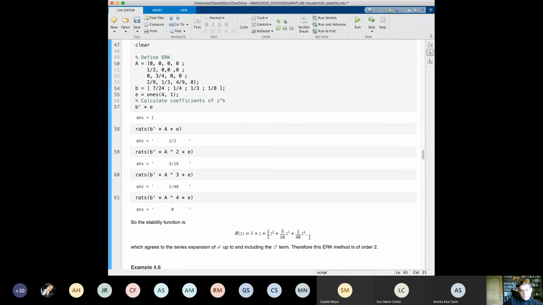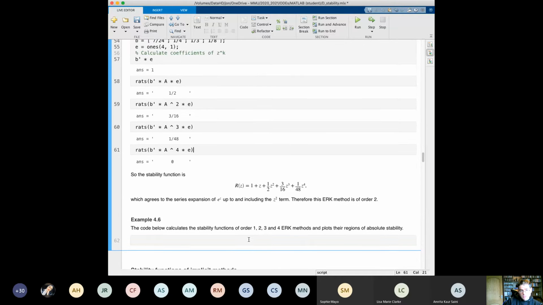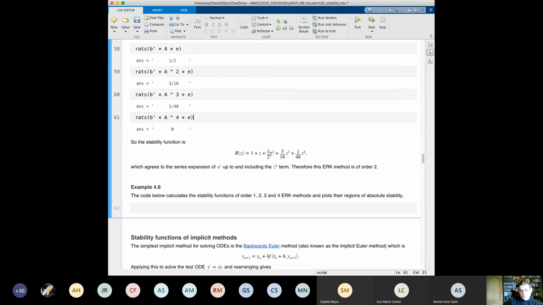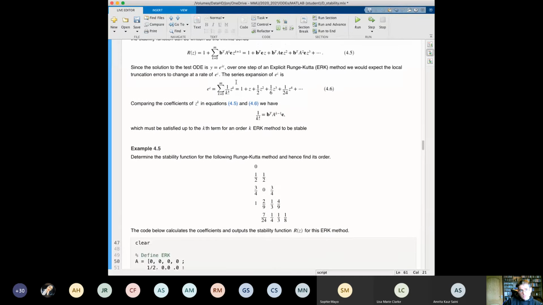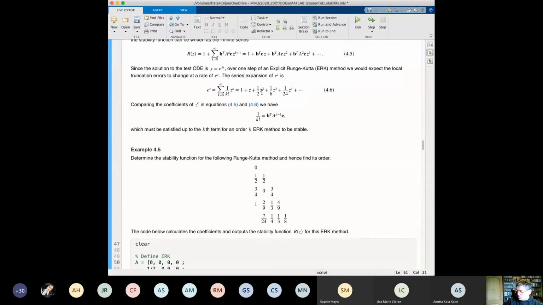You can see we have these coefficients. So our stability function for this method was 1 plus z plus a half z squared plus 3 over 16 z cubed, etc. That agrees with the series expansion 4.6 up to the second order term.